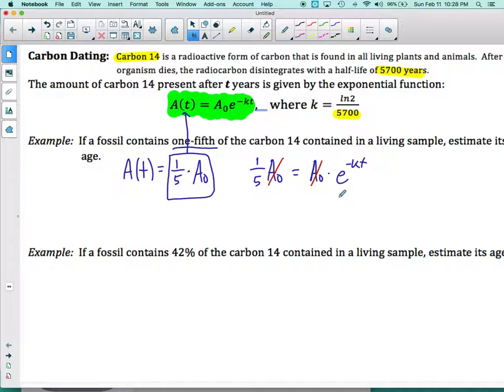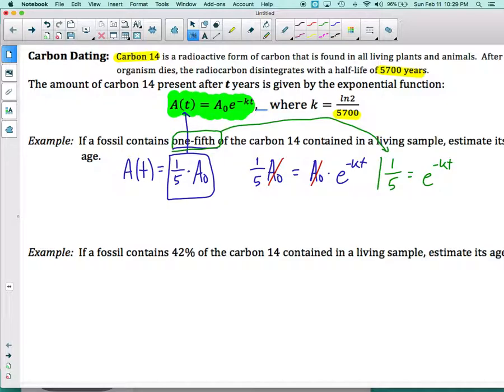This is something that's going to happen every time we do a problem like this, that those A naughts will cancel. So kind of the idea we're going to take a hold of is that we can just skip this step and get right to this simpler formula of however much is left equals e to the negative kt. So we can take this 1/5 that we started with and then just rewrite the problem like that.